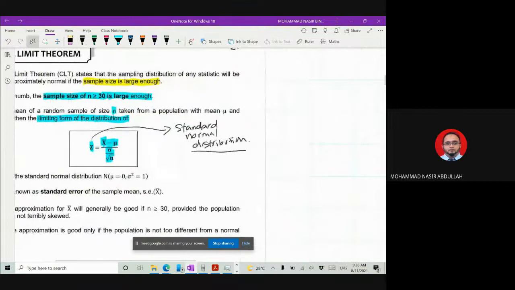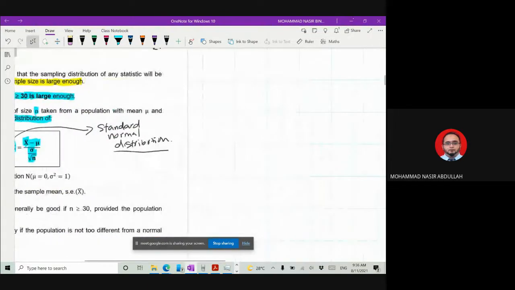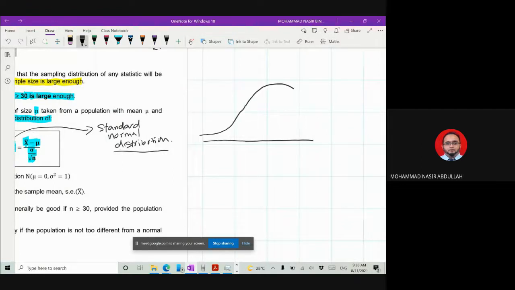But the standard normal distribution still has the shape of a normal distribution, right? Which is the area on the left hand side is equal to the area on the right hand side. So just make sure you understand and take note of whatever I said just now.